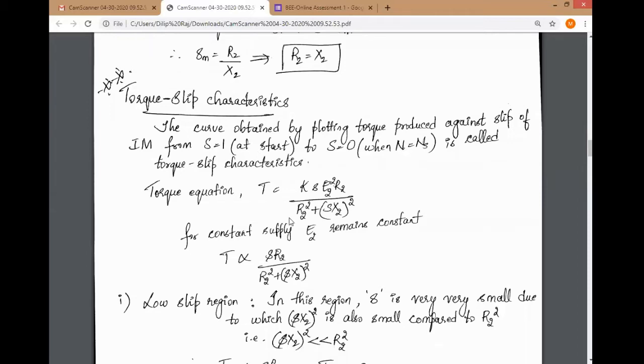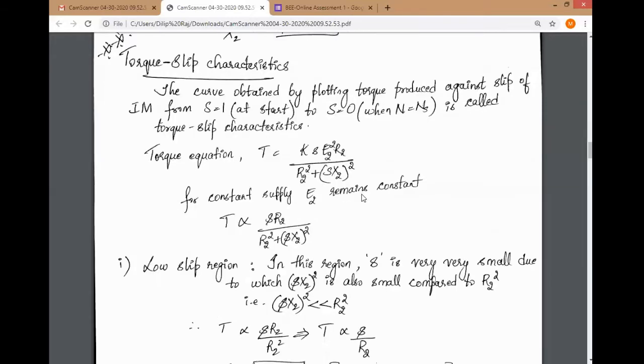So let us consider the general torque equation here, which is given by K times S E2 square R2 by R2 square plus S into X2 square. Now, if we remove this proportionality constant, the torque will be directly proportional to S E2 square R2 by this entire denominator. But if we maintain the supply constant, then E2 is also going to remain constant.